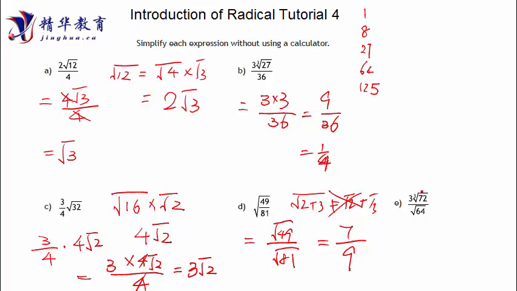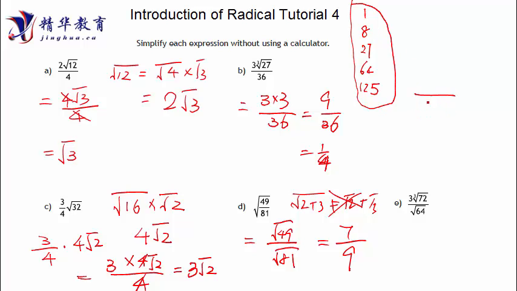Okay, the next one, cubic root of 72. We have the perfect cubes here, right? So what number goes into 72? 1, of course. 8, yes. 27, too big. So 8 is the one.